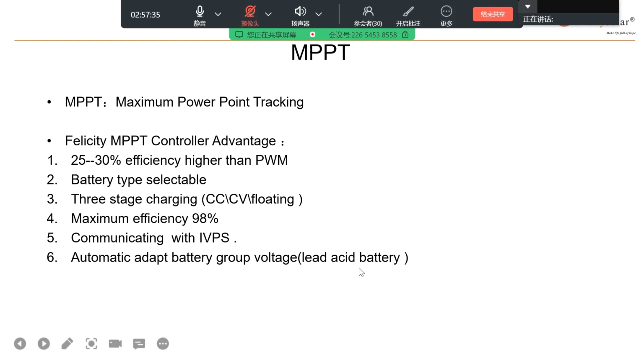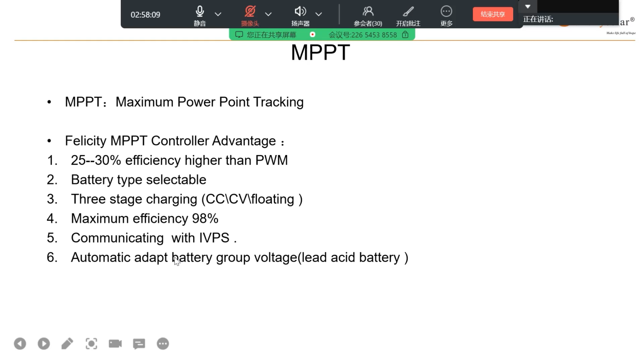The last one is automatic adaptation of the battery group voltage, but this one is only for lead acid battery. It means the MPPT can recognize the voltage of the lead acid battery group. For example, it recognizes whether the battery group is 48 volts or 24 volts, so it will automatically set the matching charging voltage.